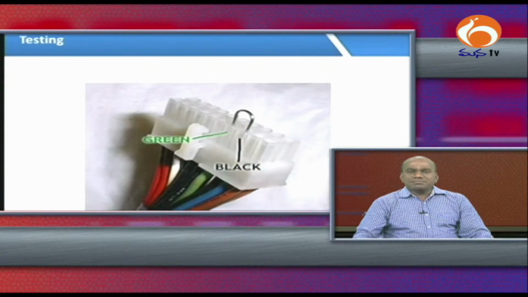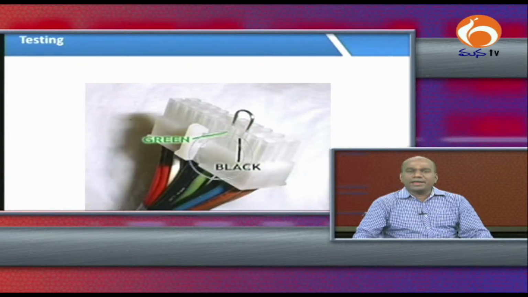On the SMPS main power cable set, one of the cable sets is the 20 or 24 pin cable set. In the cable set you can identify only one green color cable that is available on the lock side. On the lock side, the fourth cable is green color.